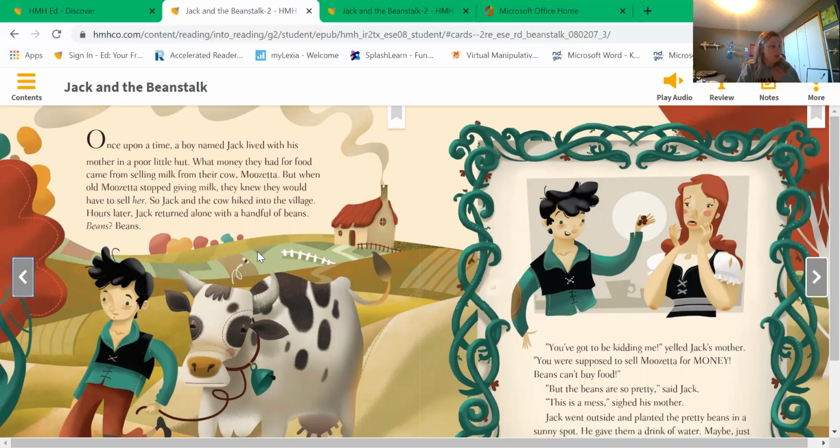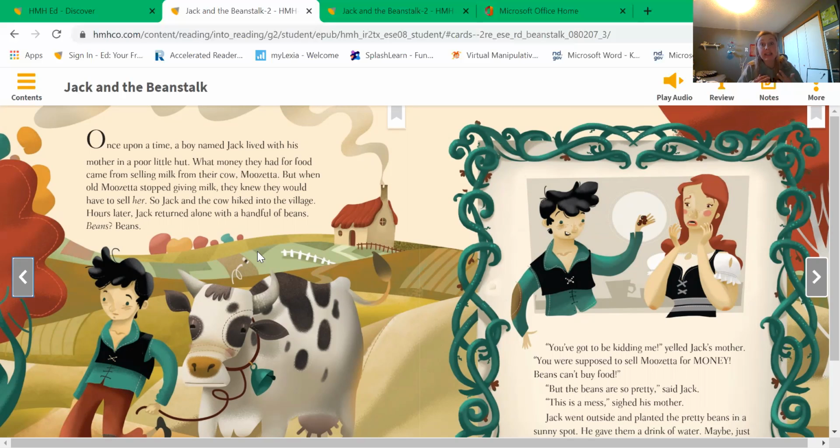And so then your next question is, how does he try to solve his problem? Okay, so it is almost two questions. Two questions on this one. How does he try to solve his problem? Well, he brings the cow into the village to sell it.